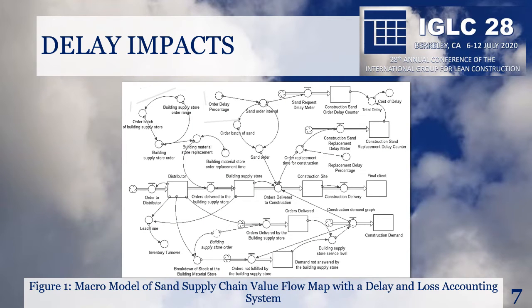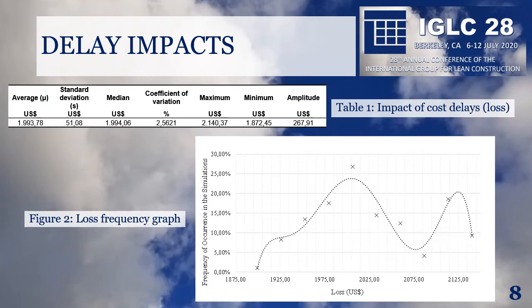After completing the supply chain modeling, it was verified as to its functioning, comparing the results generated with the data of the case study. With the model developed, shown in Figure 1, 100 simulations were performed, and their data related to the losses caused were transferred to the Microsoft Office Excel software.